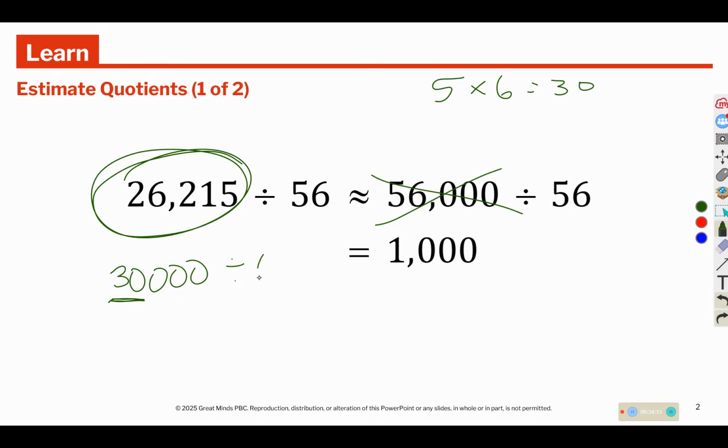Let's try 60. 30 divided by 6 is 5. Then I had 1, 2, 3 zeros left, but I divide out one of them. So I have 2 zeros here. So this is approximately 500, not 1,000.